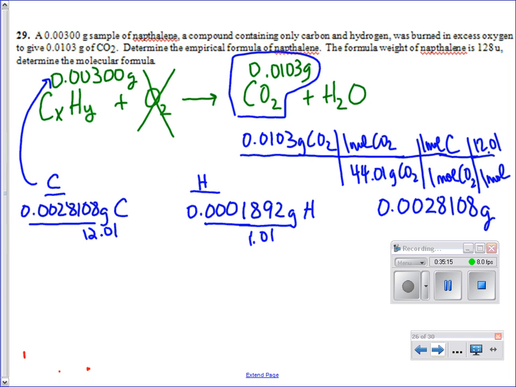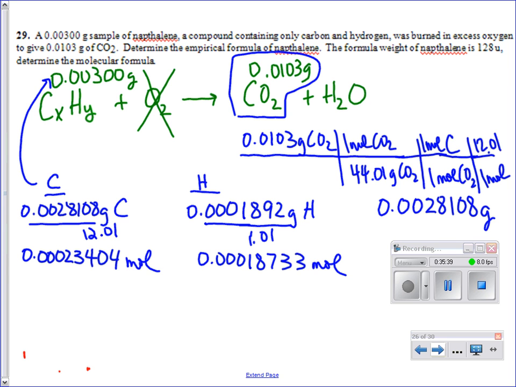What do we get here? 0.0002340.4, and what do I get here? It's going to be so close. Okay, so these are moles.